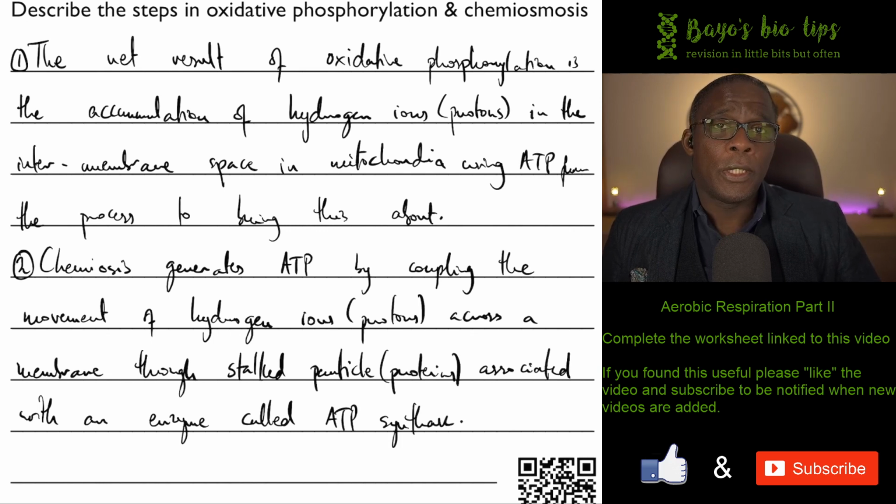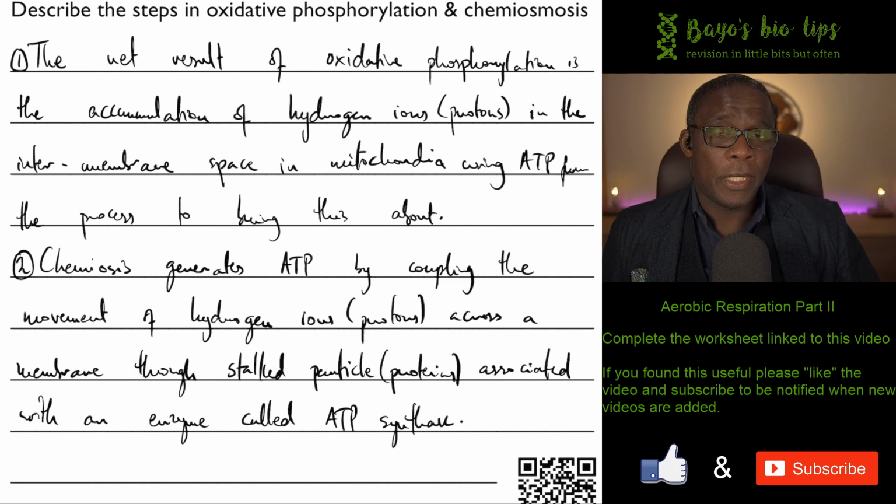What's happening is that you have those hydrogen ions that have been allowed to accumulate in the intermembrane space, and you have stalked particles, which are channel proteins within the membrane, which allow the hydrogen ions or the protons to flow down their concentration gradient.